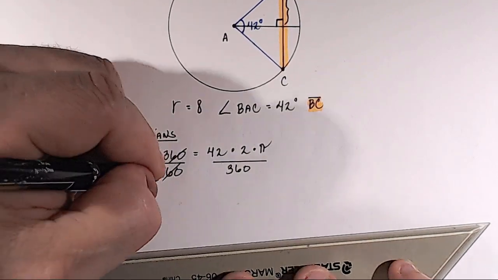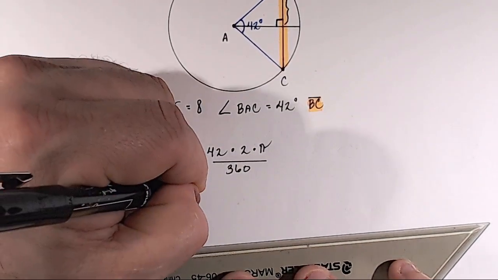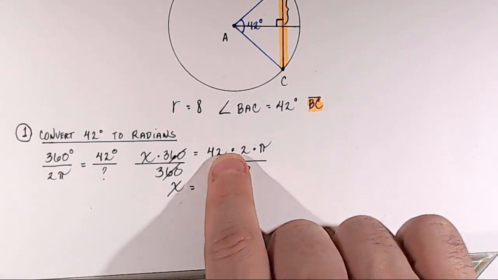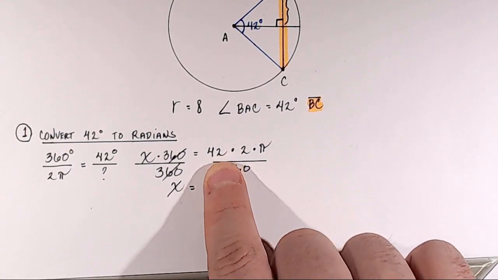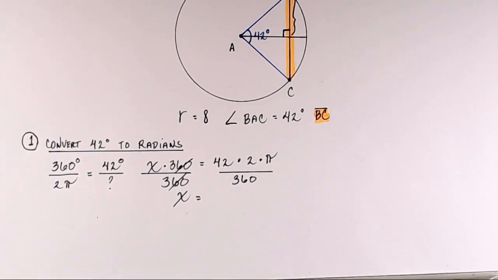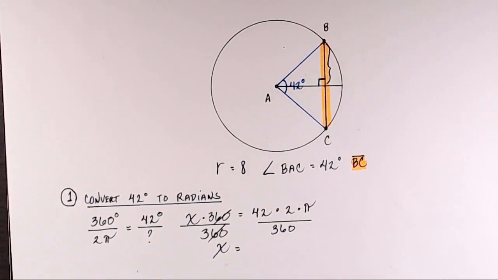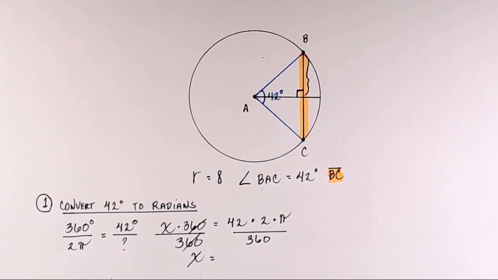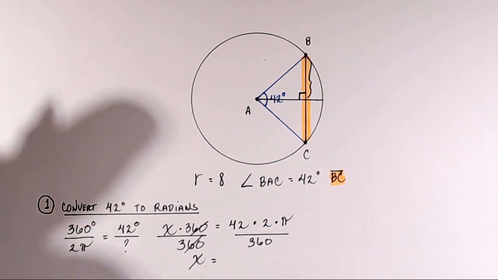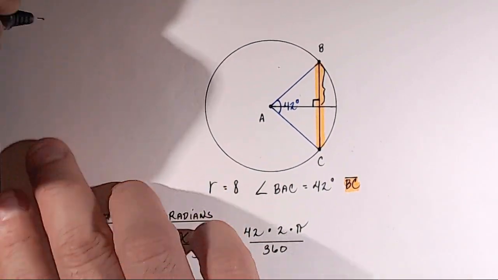On the left, the 360s cancel out, and you have x equals something. Now, it is important at this point to prime factor 42 and 360 so we don't have to use a calculator, because the other thing we're trying to avoid in these problems is a calculator, except when we're finding a trig calculation. So first, we'll prime factor 42.